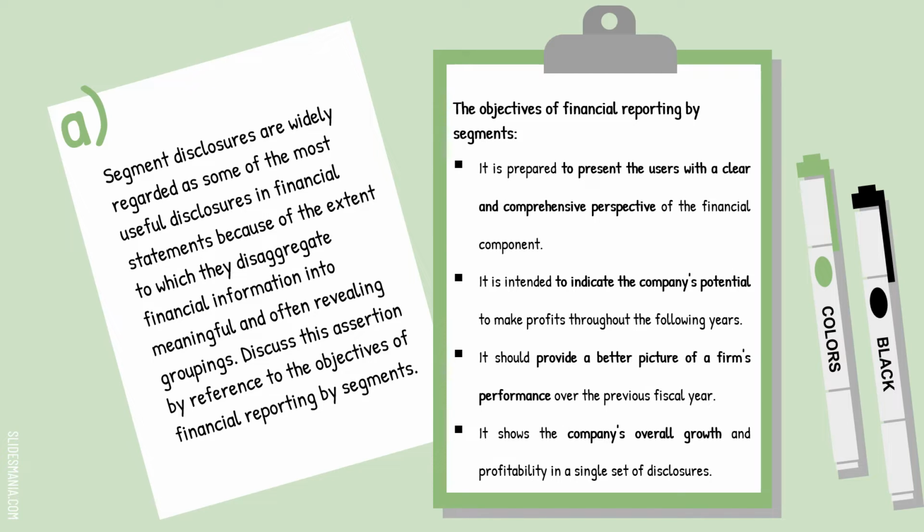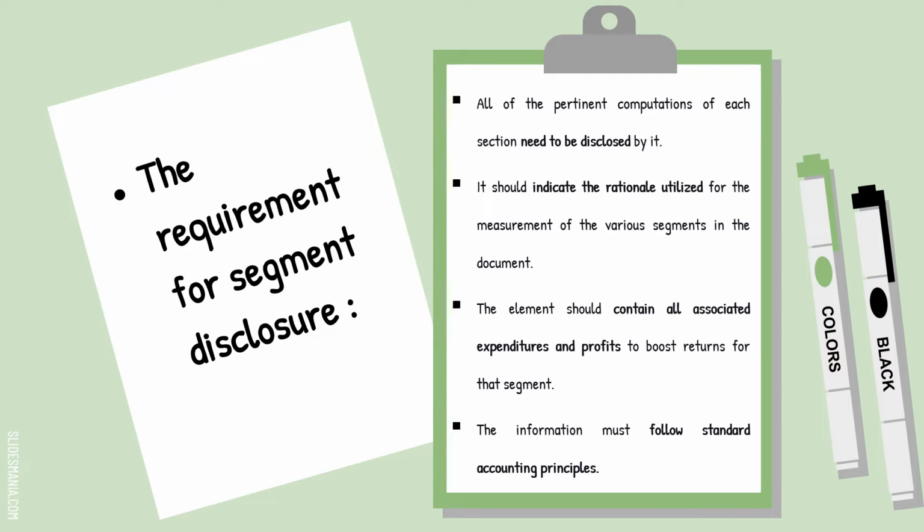For instance, the disclosure of the net income made, the firm's net worth, the total debt incurred during the fiscal year, and the total assets are all ways to distinguish the organization's creditability. There are also requirements for segment disclosure, which are 4 requirements. For the first one, all of the pertinent computations of each section need to be disclosed.